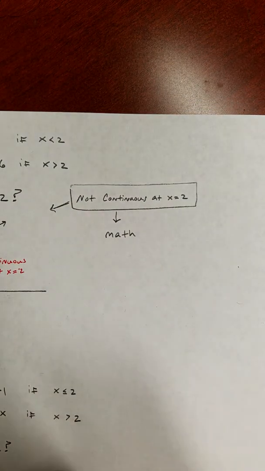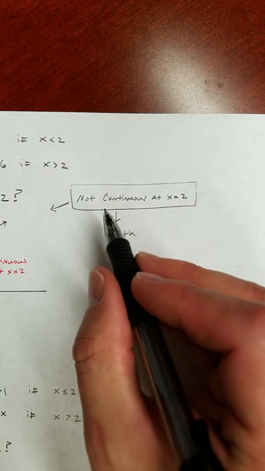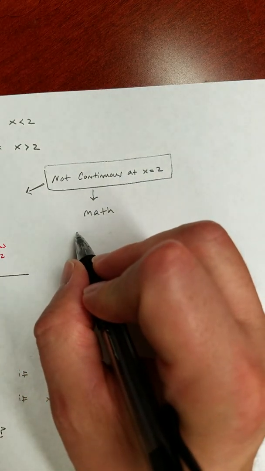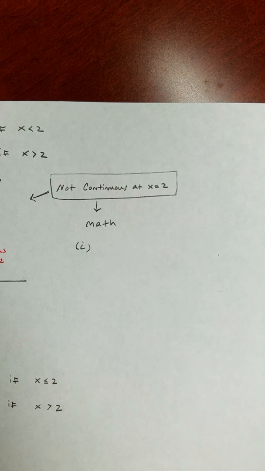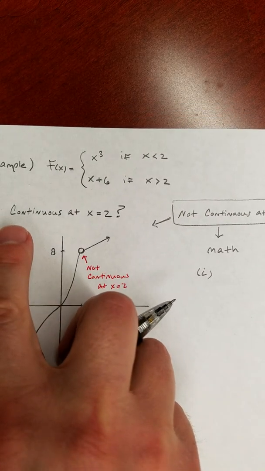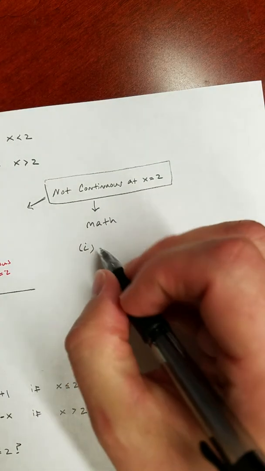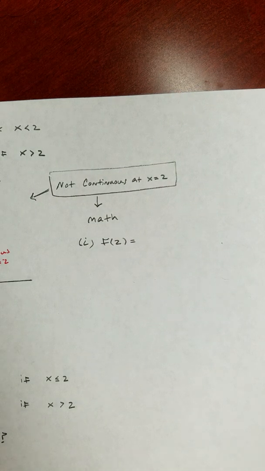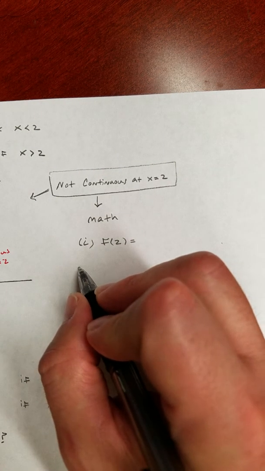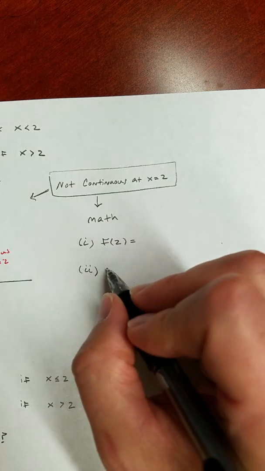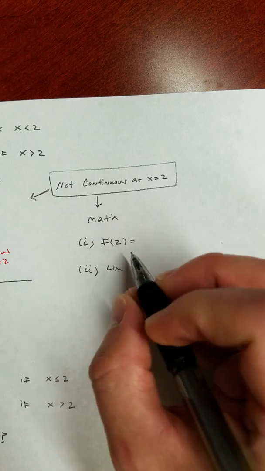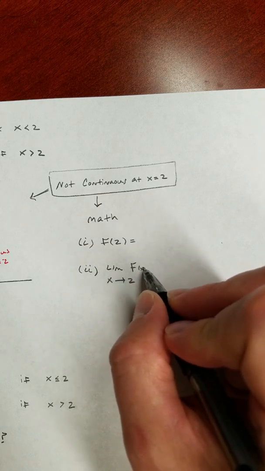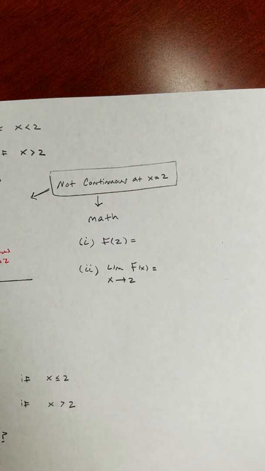So what 3 things have to happen for this function to be continuous at 2? First thing that has to happen: if this function was continuous at 2, I would have to get an answer when I plug 2 in. Second thing that would have to happen is the limit as x goes to 2 would also have to have an answer.